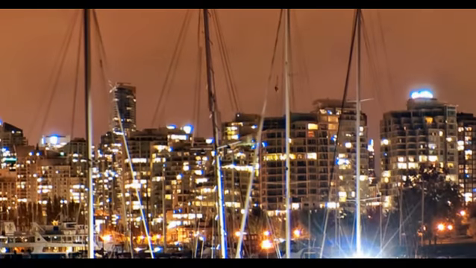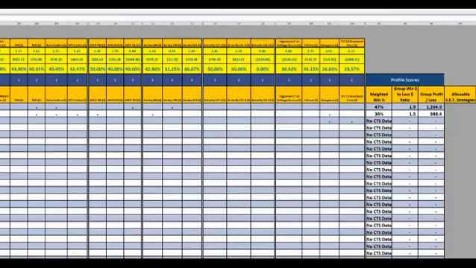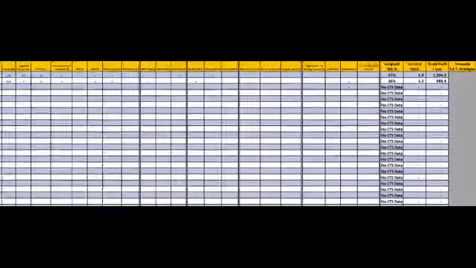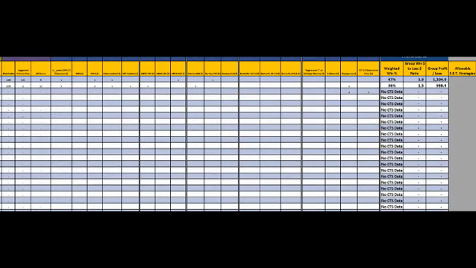Going into the Pro Trader dashboard, which I don't have up right this second, this was trade number 93. To answer the first question, the trade really didn't go as planned because it was a tie.